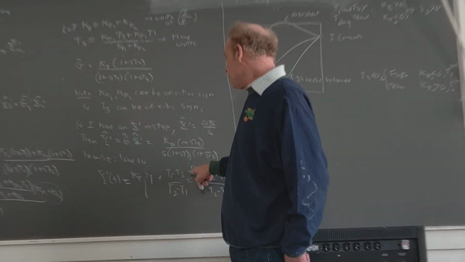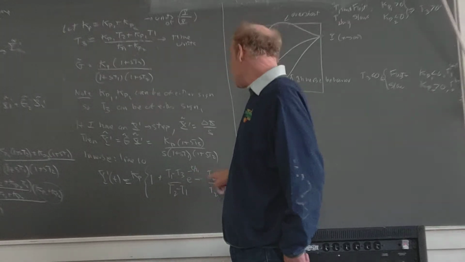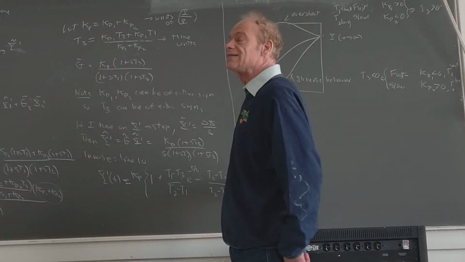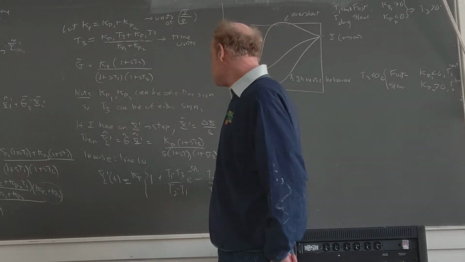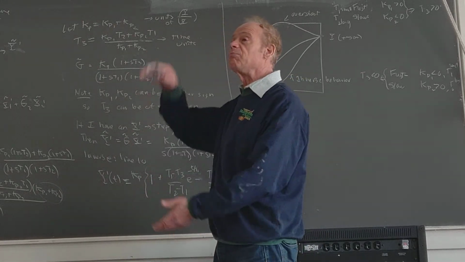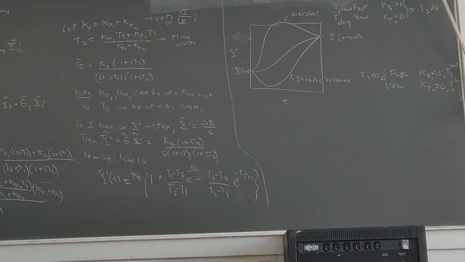T1 is giving me the decay time of this exponential. T2 is giving me the decay time of this exponential. But T3 isn't a time constant, it's just giving me the magnitude. And it's not sitting by itself. It's T1 minus T3 over T2 minus T1. It's stretching this or flipping it over. I'm sorry I don't have a better answer to that.